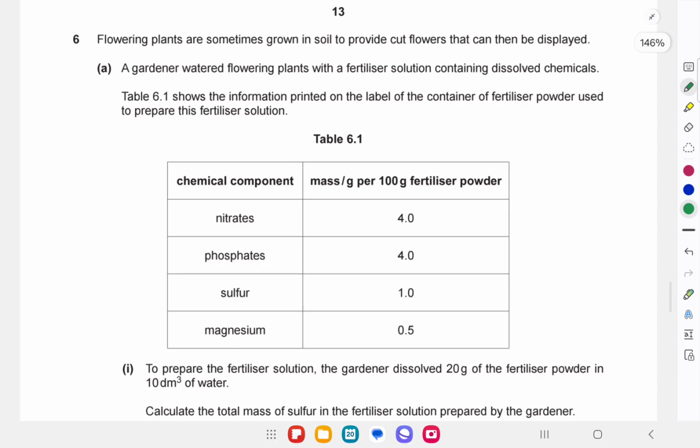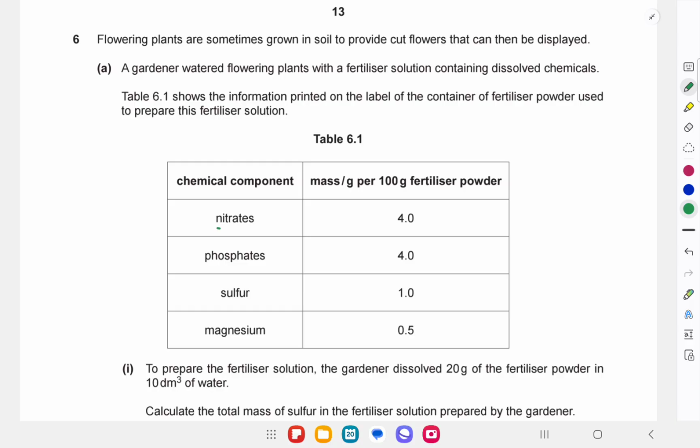Flowering plants are sometimes grown in soil to provide cut flowers that can be displayed. A gardener watered flowering plants with a fertilizer solution containing dissolved chemicals. Table 6.1 shows the information printed on the label of the container of fertilizer powder used to prepare this fertilizer solution.